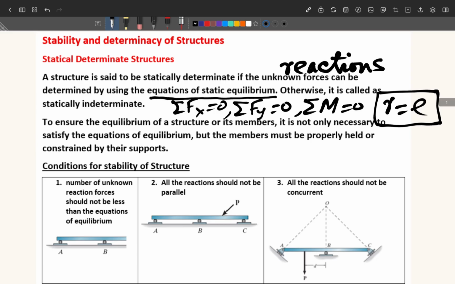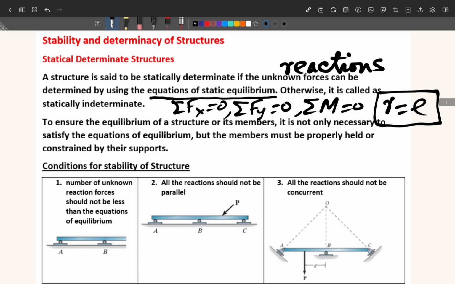That means we can easily calculate the reactions if the number of reactions and equations of equilibrium are equal. And you know that for a rigid body in a two-dimensional structure, the number of equations is 3. We will solve some problems also based on this determinacy.